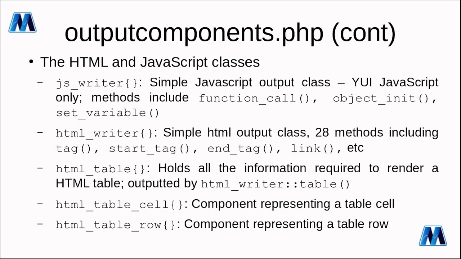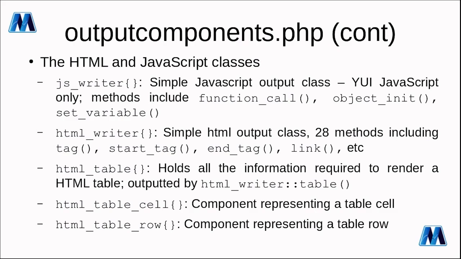There are other classes, the JS writer for writing out JavaScript, and methods include the function call, initializing the objects, etc. The HTML writer, which is used quite extensively when you just want to write little snippets of HTML, and defining a renderer or a template would be a bit of overkill. That's been in Moodle for a long time.